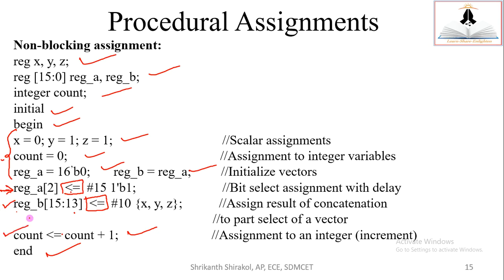Whereas in the previous blocking statement, when this was executing, the further statements in that sequential block were blocked. In non-blocking statements, when this is executing, it will not block the further statements; this also will be executing, this also will be executing. That is what we are going to test.